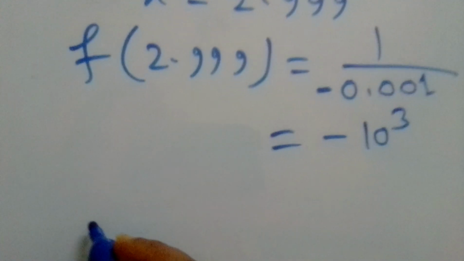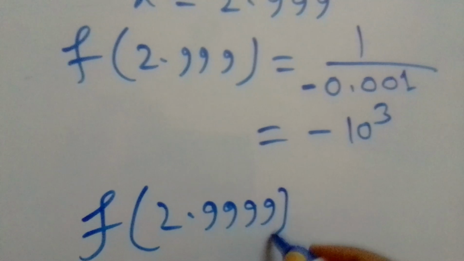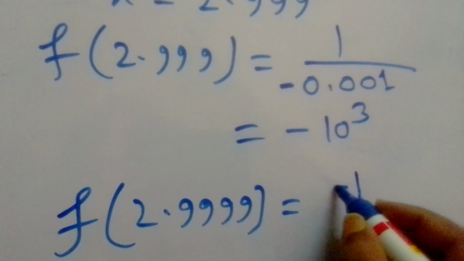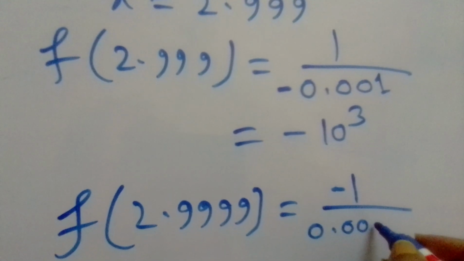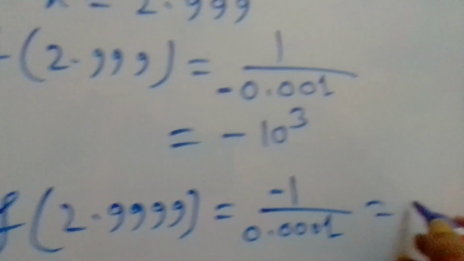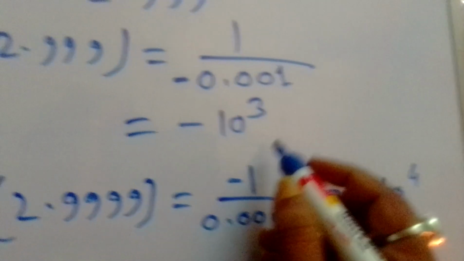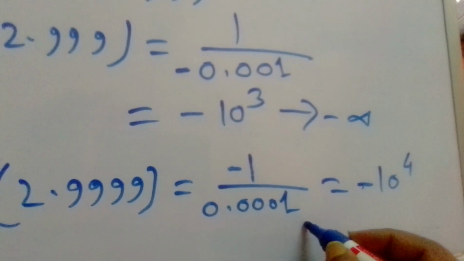Similarly f(2.9999) goes to minus 1/0.0001, so it will be minus 10 to the power 4. So all go to the negative side of infinity, the minus infinity cases.